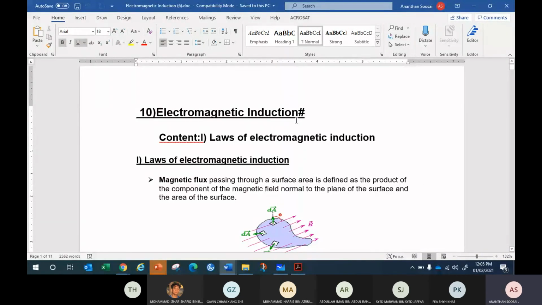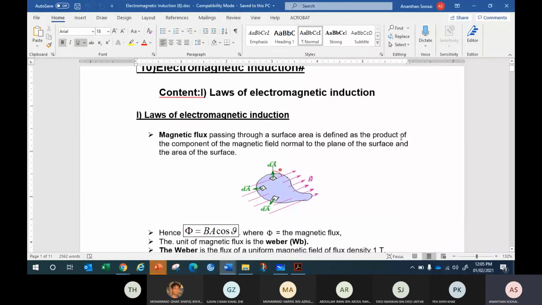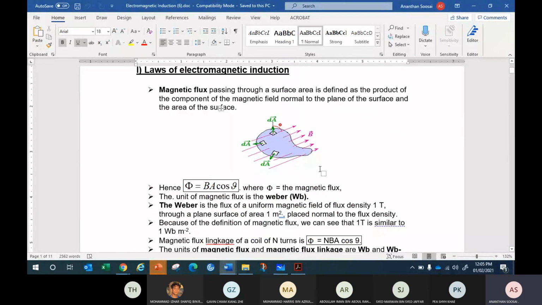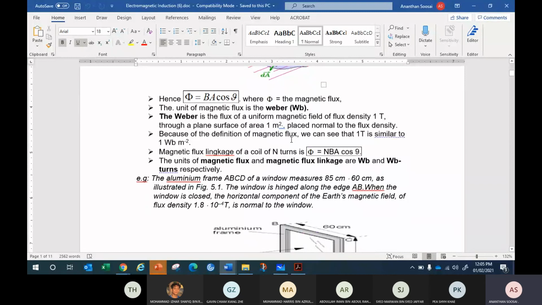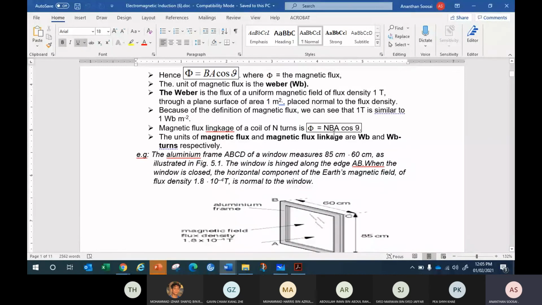We talked about electromagnetic induction. It's a generator. You apply a magnetic field, you apply force, you get current. Actually, you get EMF first, then you get current if it's a closed loop. First, we talked about magnetic flux. What is magnetic flux? It's the product of the magnetic field strength normal to the surface area and the surface area, B dot A. Next, multiplied by the number of turns, you get magnetic flux linkage.